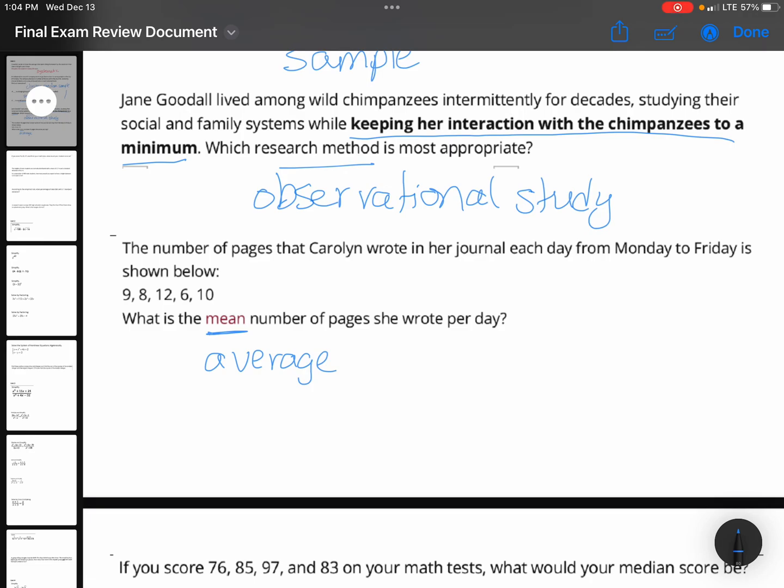So that would be 17, 19, 29, 35, 45. If I add it up, 45, and then divide it by how many days? 1, 2, 3, 4, 5. And so the average then would be 9 pages per day. That is the mean. Mean is average.